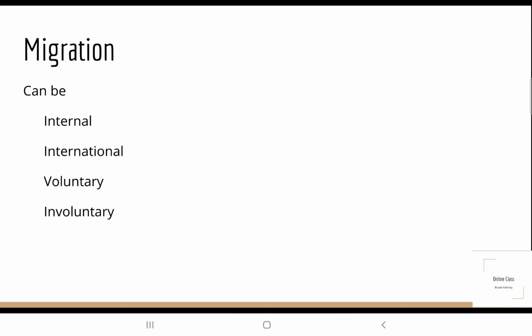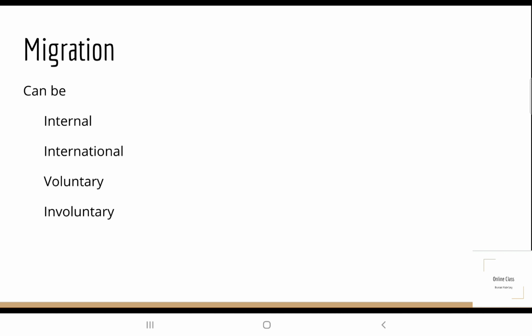Now we're going to pop just a little bit back to migration again. Migration can be internal, international, voluntary or involuntary. Internal migration is migration within the same country. So it's people moving from one area of a country to another area of a country. This can be from things like natural disasters.